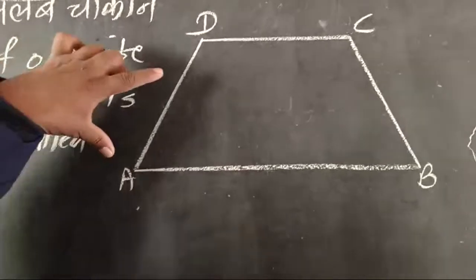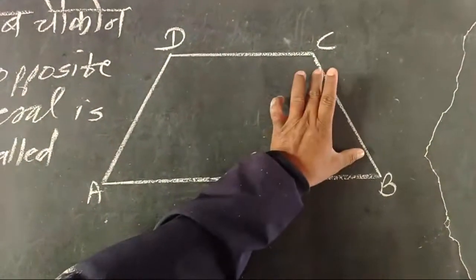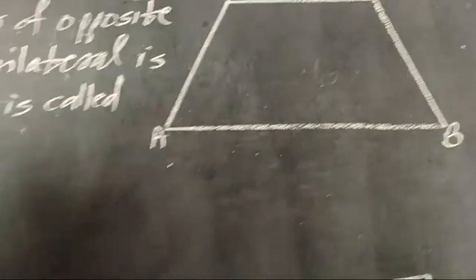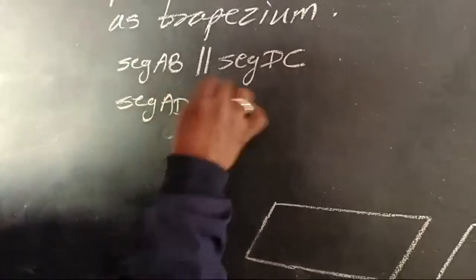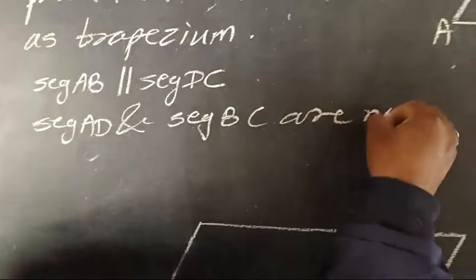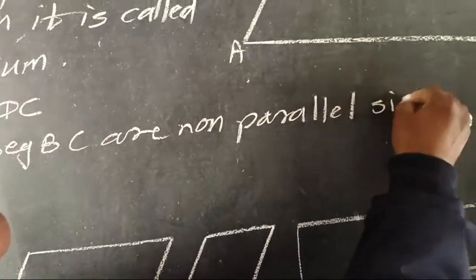Yes, segment AD and segment BC are non-parallel sides.